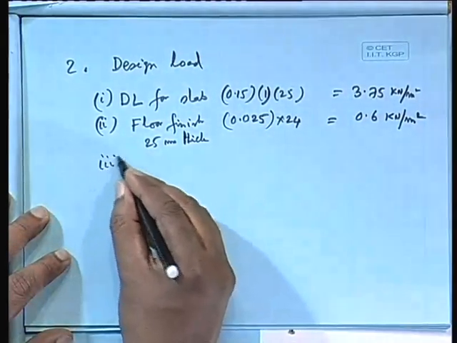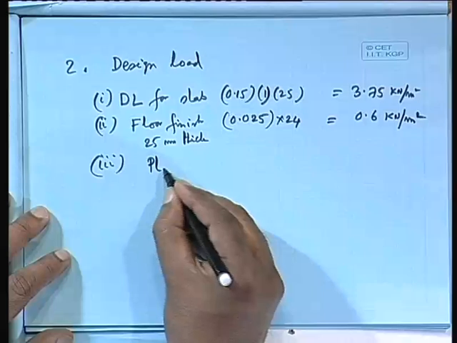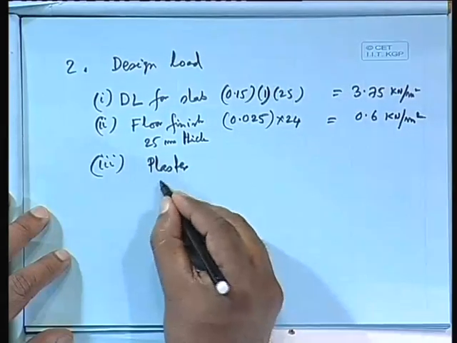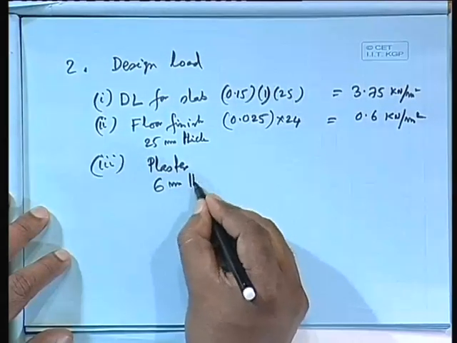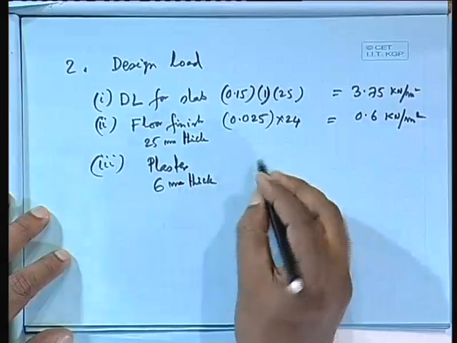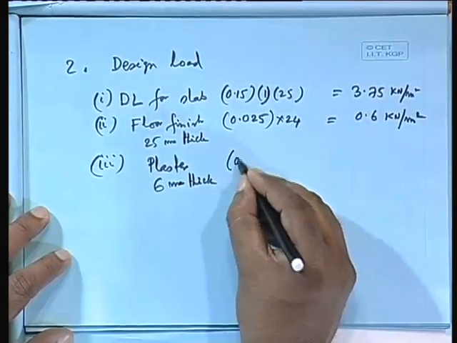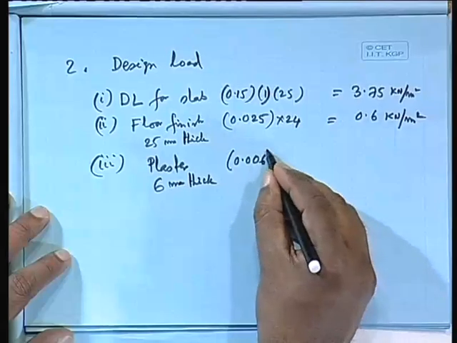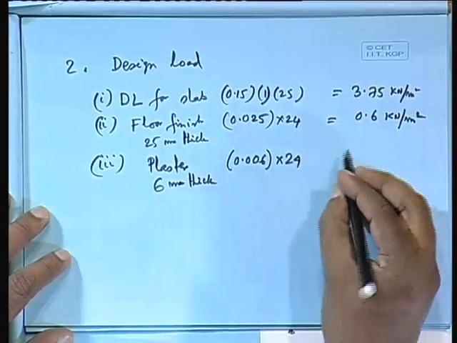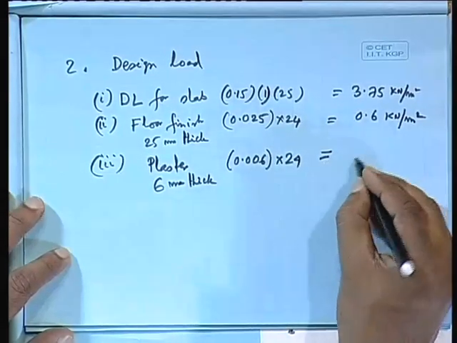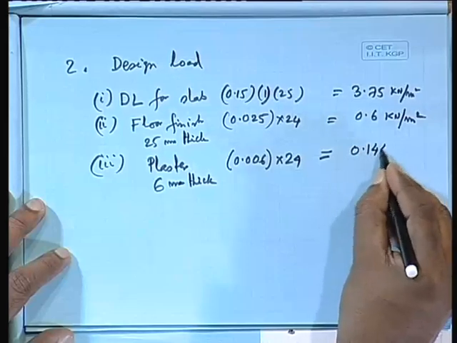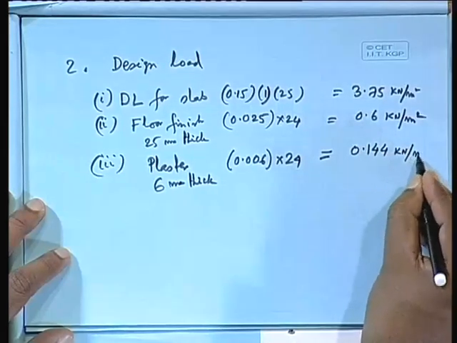Number 3, plastering, plaster say 6 mm thick. So this one, 6 mm thick that we are using, so 0.006 times 24 is equal to 0.144 kilonewton per square meter.